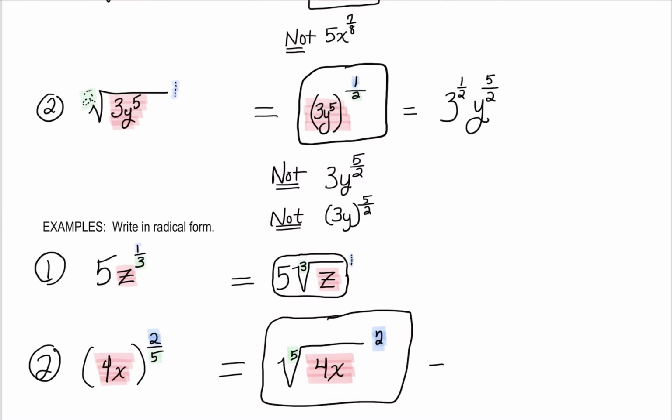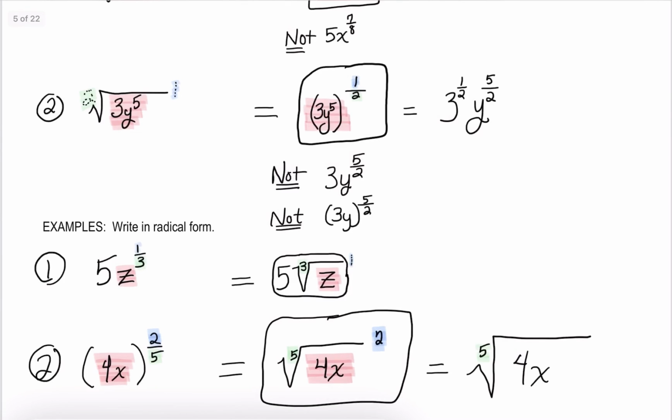If you wanted to slide that inside, we'd have to be careful here. So again, as we look at our components, I'd have my 5th root there, and then I have my 4x here.